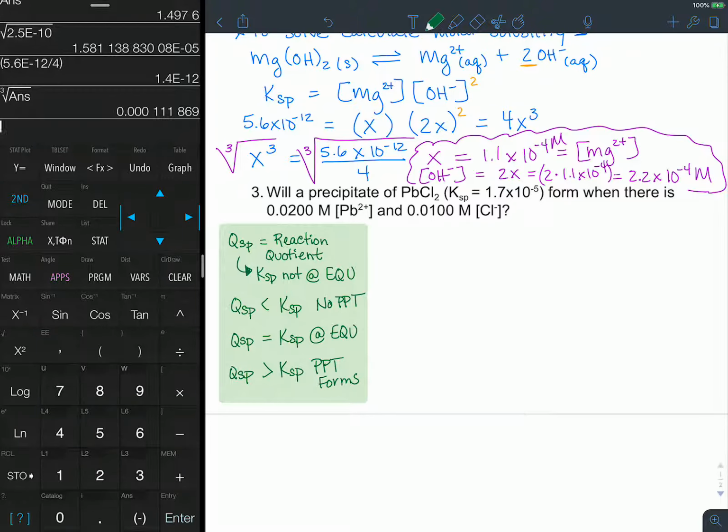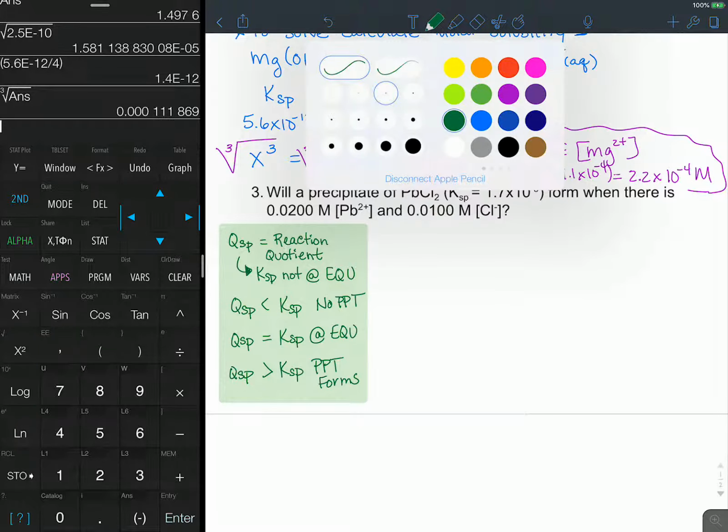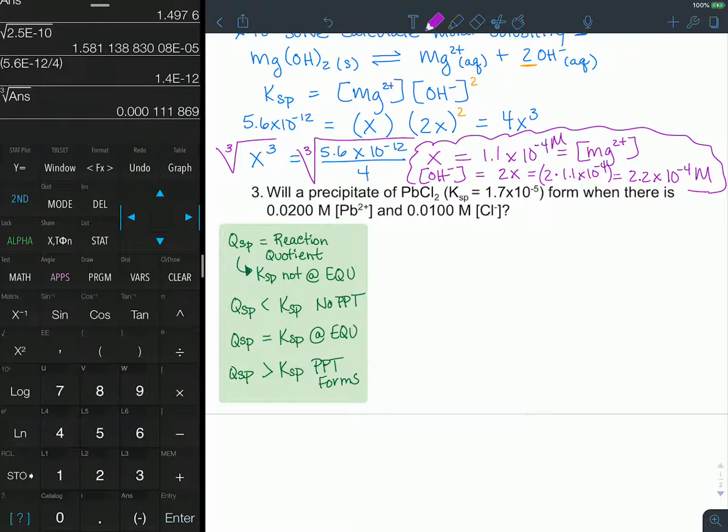So we'd set this up the same way. Okay, so we're going to use our PbCl2 solid, and that breaks apart into Pb2 plus and 2 Cl minuses.